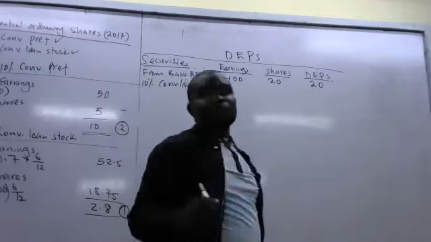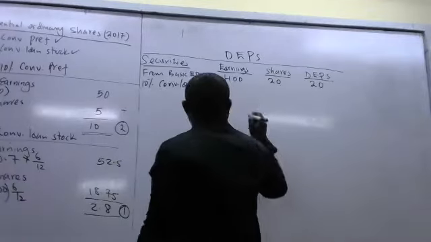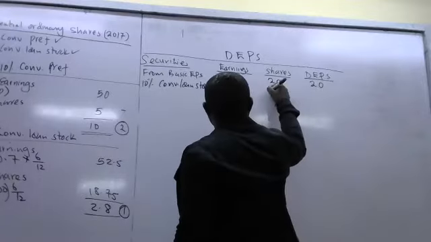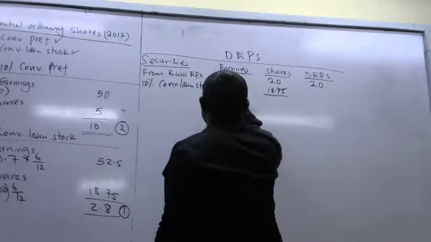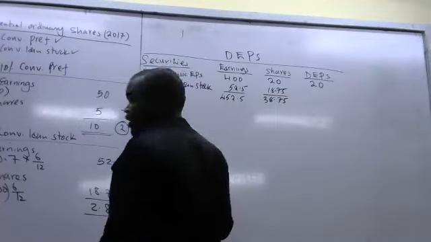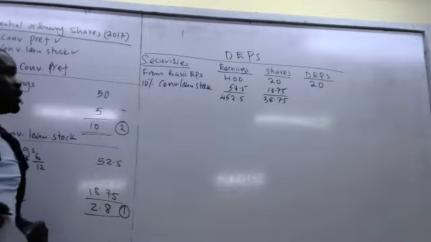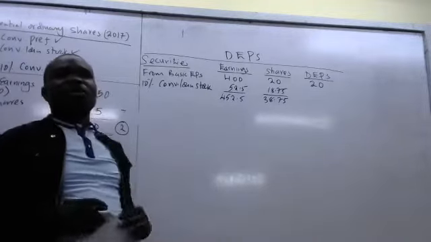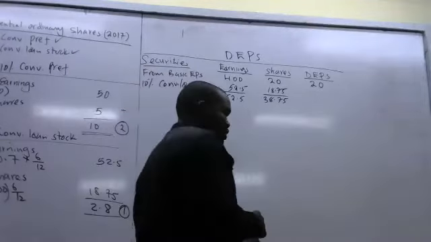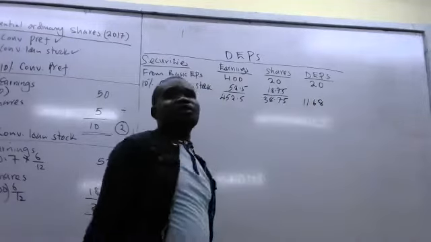When they join, earnings go up by 52.5 and shares go up by 18.75. So this is 452.5 and this is 38.75. Divide to get the new EPS: 11.668.